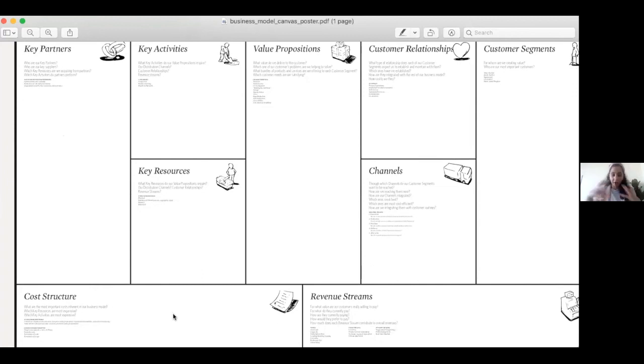What is the cost? Revenue is how you make money. Cost structure is the financial structure. For example, what are your costs? Do you have overhead? For example, let's say hardware, like you have laptops, or you have PCs or phones that you give out to your customer service team or to your developers, right?